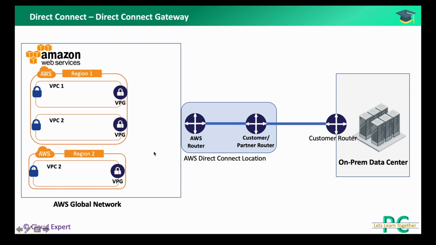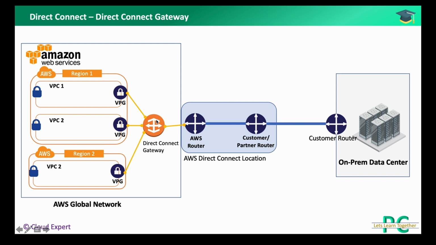That is why we need a Direct Connect gateway. You have to remember, if you want to connect multiple VPCs in different regions or different accounts, you should use a Direct Connect gateway, and now you can use a virtual private interface to connect all your AWS VPCs. It could be in different regions or in different accounts. So now you can understand that my virtual private gateway will connect all the VPCs using the Direct Connect gateway.